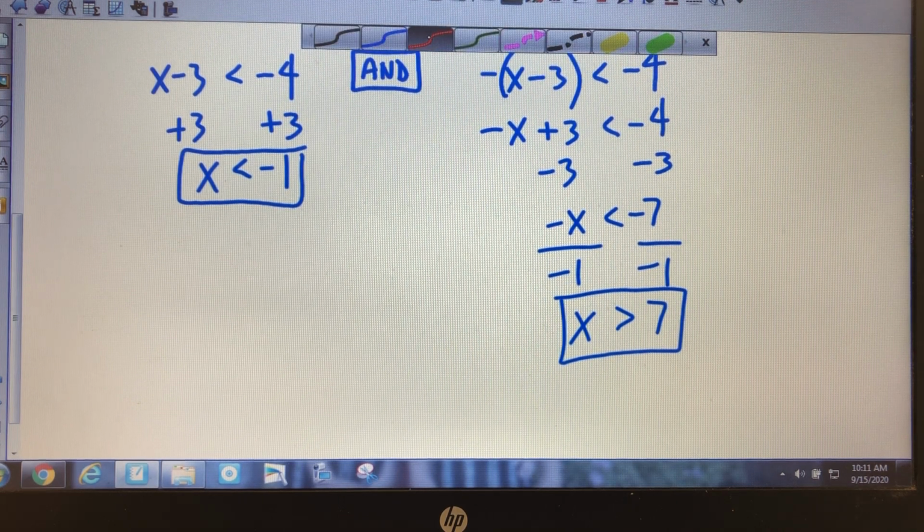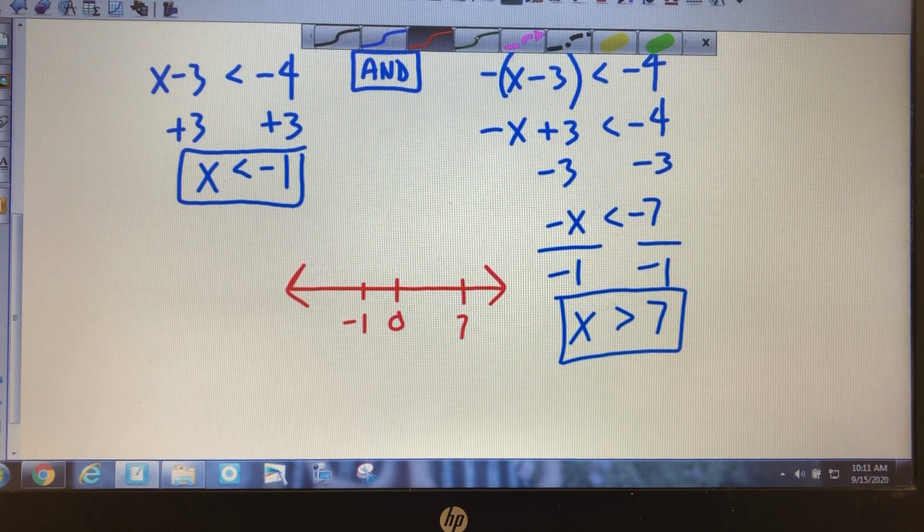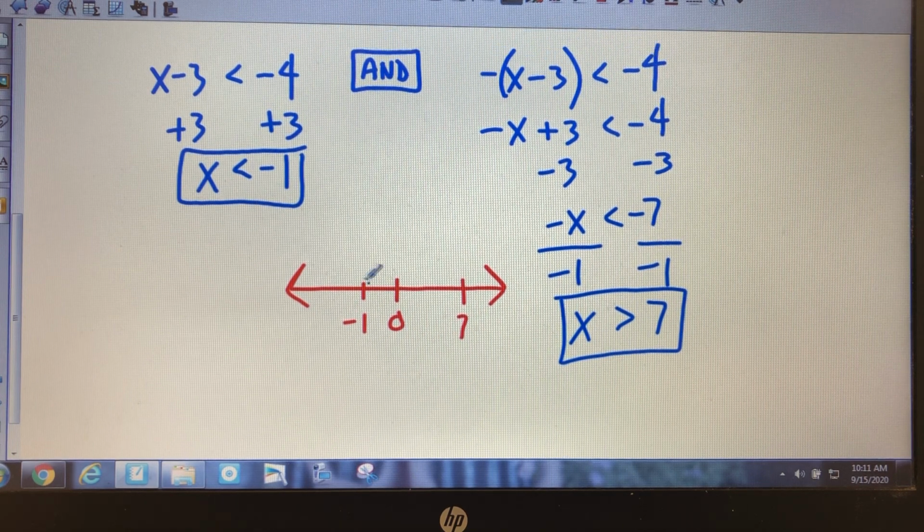Can you think of a number? Okay, so let's think about this. Here's -1. So I'm going to graph something here, but it's not going to be the final answer, just so you know. So we need a number that is less than -1 and at the same time greater than 7. It's not going to happen, is it? Okay? It will definitely not happen.